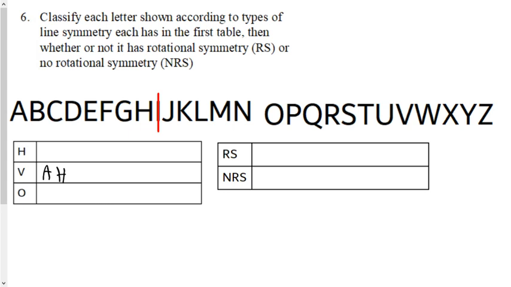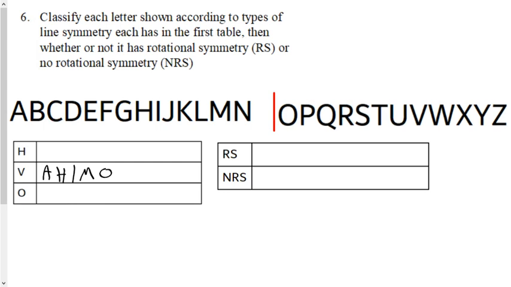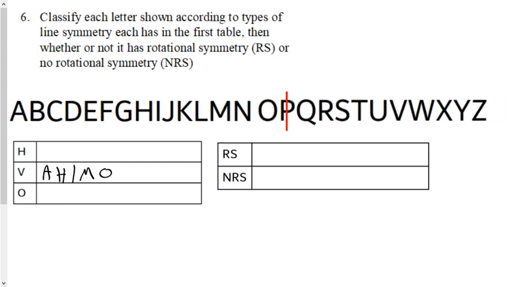Yes, it does. Beautiful symmetry, actually. What about J, K, L? How about M? Yes, it's beautiful. How about N? O? P, Q, R, S, T? Yes.